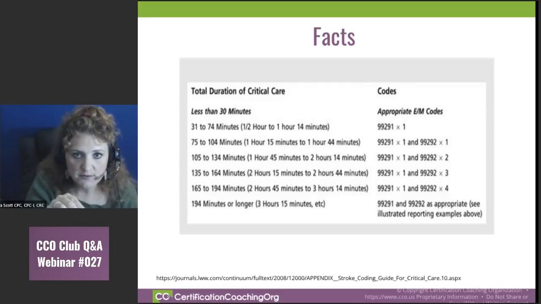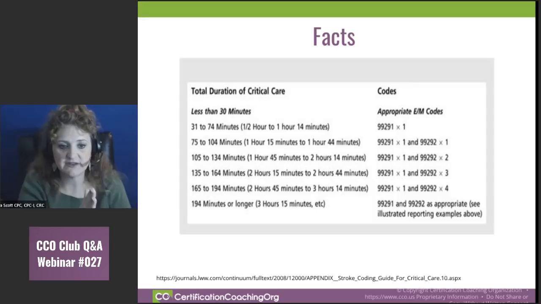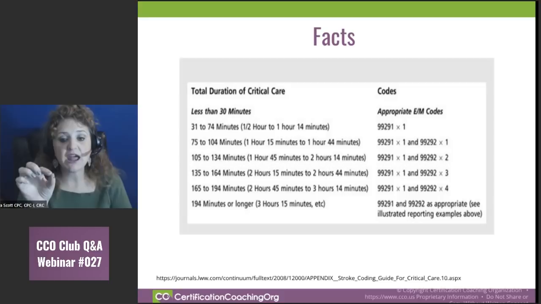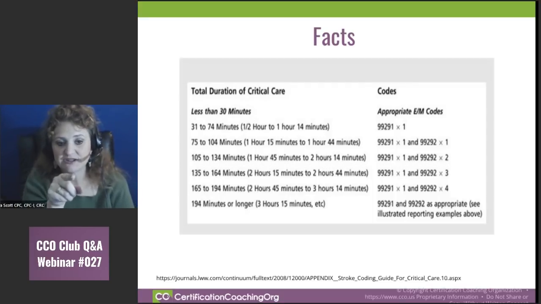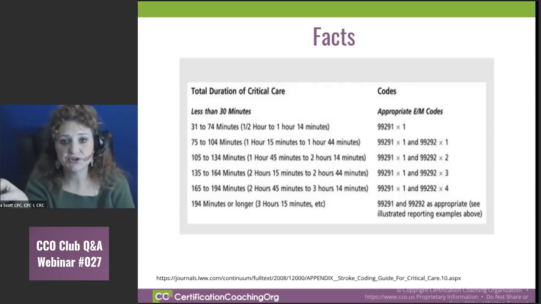Anything over 74 minutes, so it starts at 75, we're going to use 99291, and up to 104 minutes, it would be the additional 99292. But if we go to 105 minutes, that would give us 1 hour, 45 minutes to 2 hours and 14 minutes, you're going to write it as 99291 and 99292 times 2, or you can write 99292 twice.